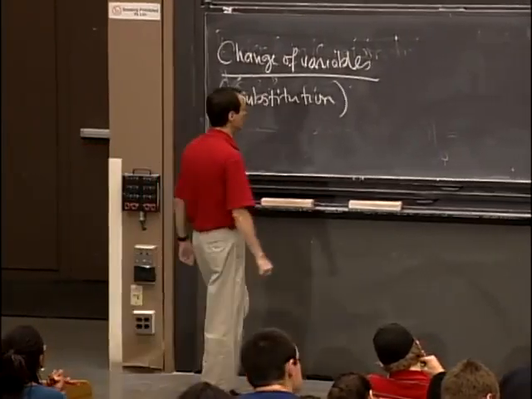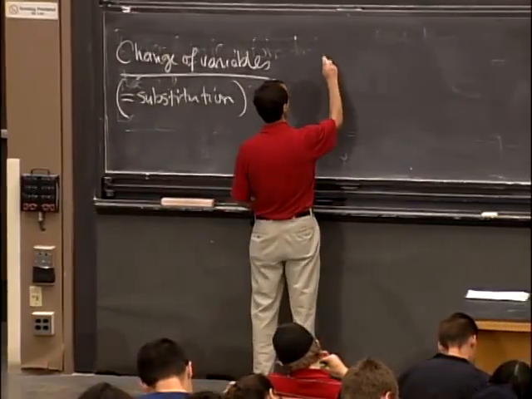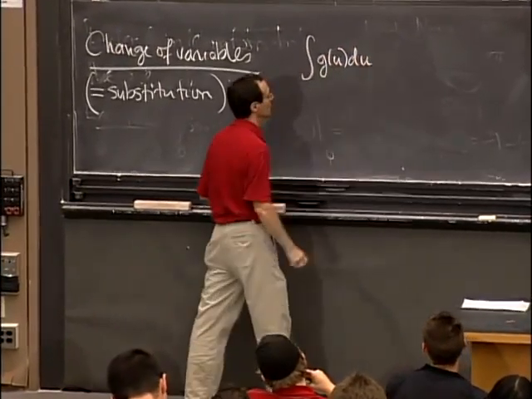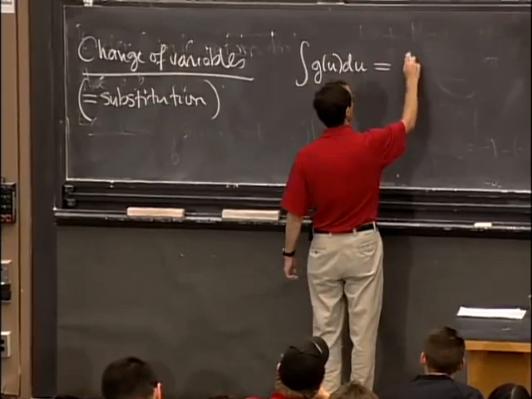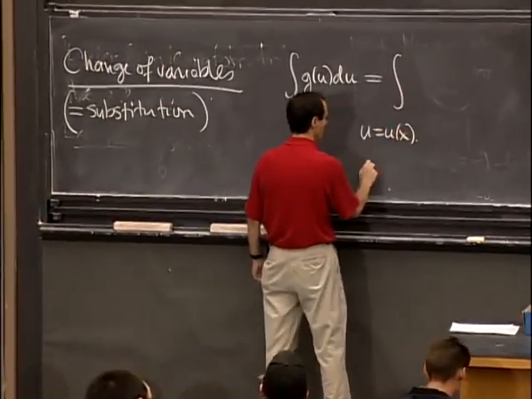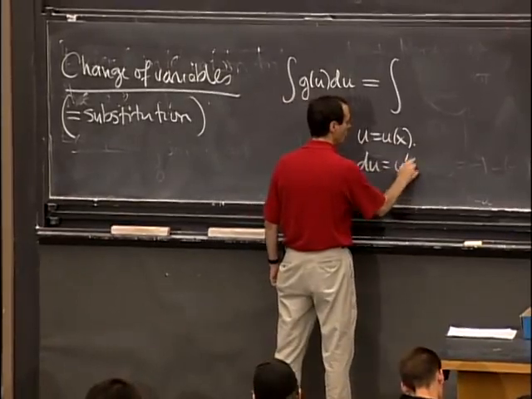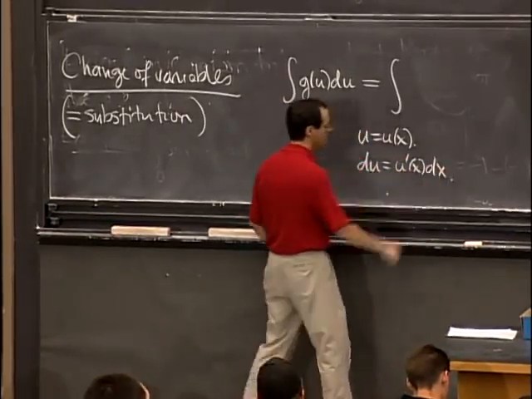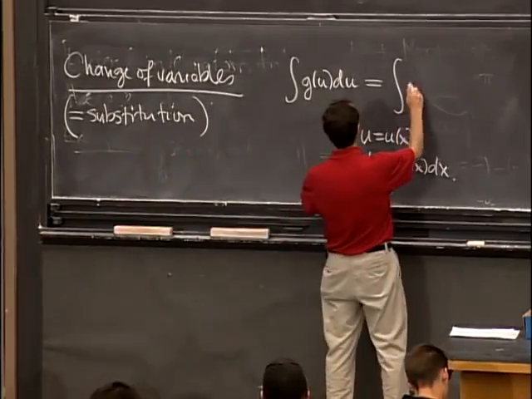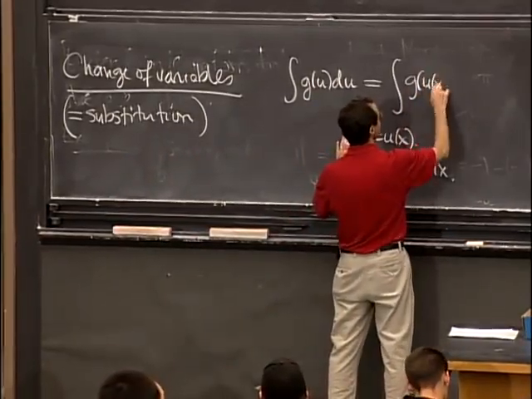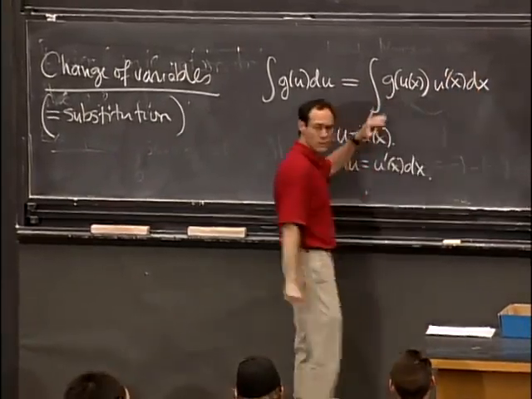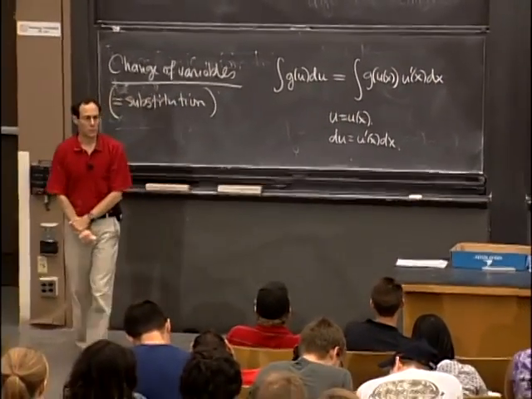And the idea here, if you may remember, was that if you're faced with an integral like this, you can change it by putting in u equal to u of x, and du equal to u prime of x dx. Then you can change the integral as follows. This is the same as g of u of x, u prime of x dx. This was the general procedure for substitution.